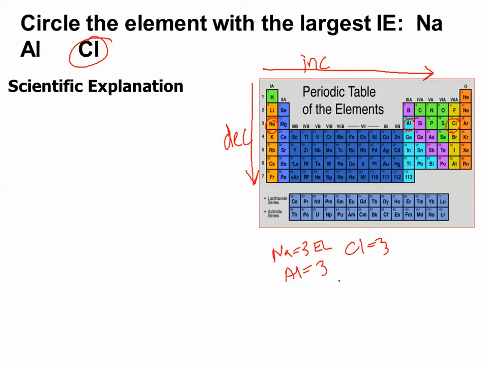But if you determine the protons, chlorine has 17 protons, aluminum has 13 protons, and sodium has 11 protons. So they all have 3 energy levels, but chlorine has more protons, so it has a greater force of attraction between its nucleus and outermost electron, so it takes more energy to remove it.